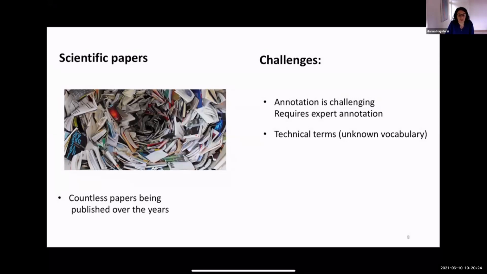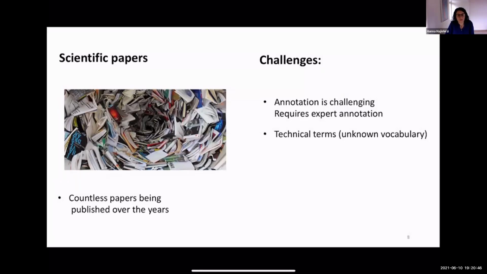Annotation is super challenging, and as I'm describing in this talk, we are not able to build larger scale data sets. It requires expert annotations, and it's much harder than the crowdsourcing annotations that a lot of other NLP tasks are doing these days.